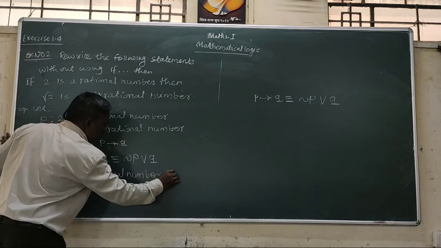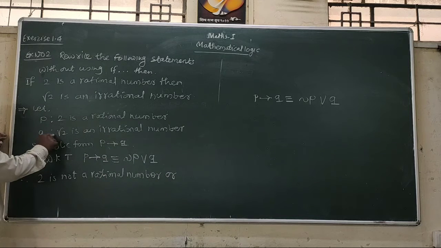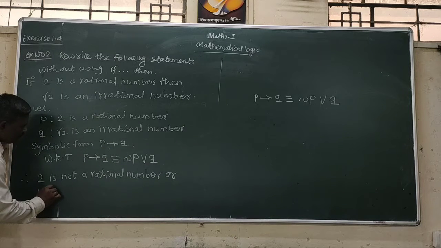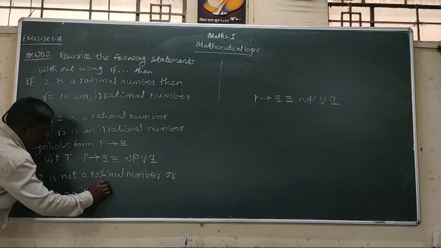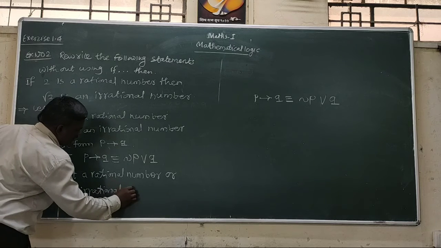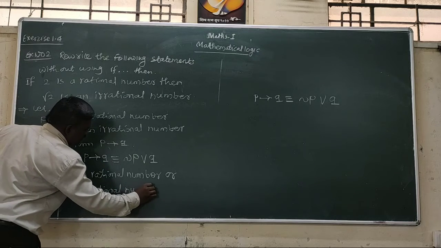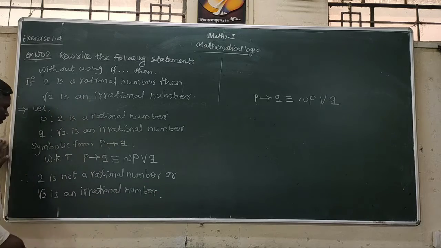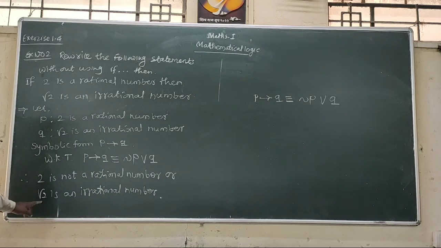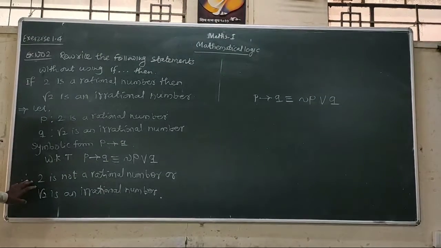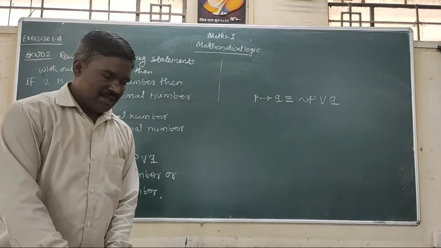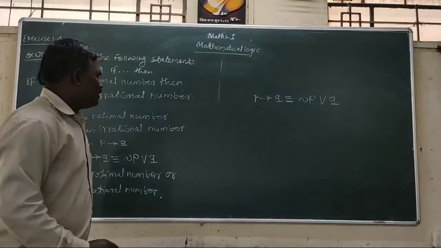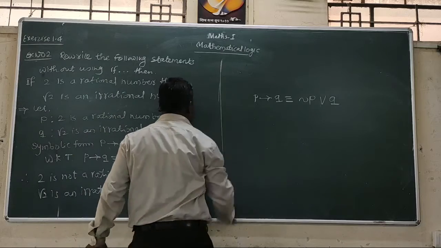Disjunction, that means or, Q, that is root 2 is an irrational number. This compound statement is without using the if then sentence, and that is the answer of the given example. Okay. Another example, solve at home.